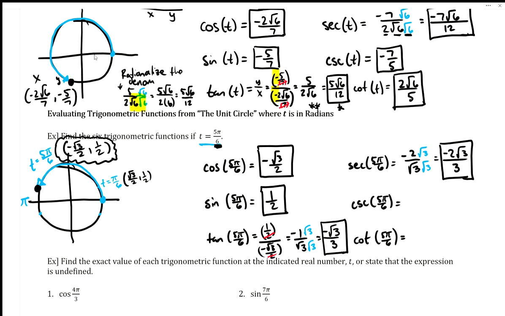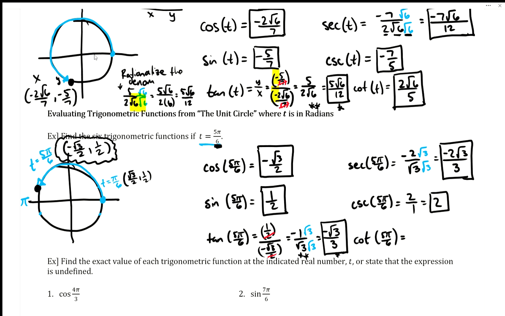Cosecant of 5 pi over 6, I can take my sine of 5 pi over 6 answer and flip it. That would be 2 over 1. We don't really need to show the over 1, we would just write 2. So cosecant of 5 pi over 6 is 2. Then cotangent of 5 pi over 6, again, would be flipping. This that I'm starring and this that I'm starring are the same answer, but I'm going to double star it.